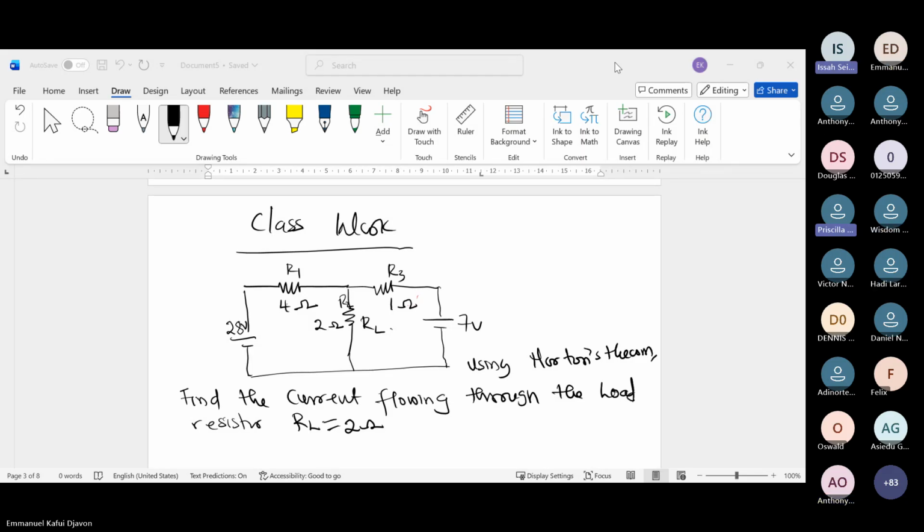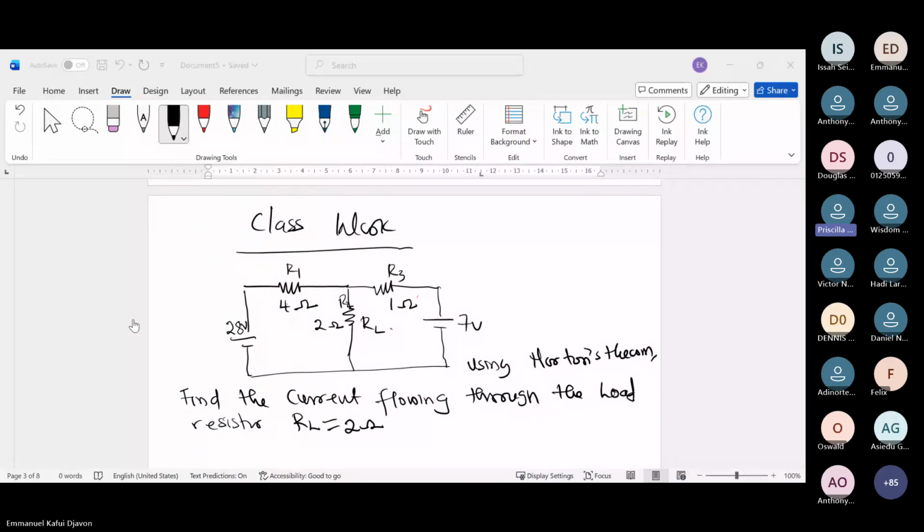Please, how did you get your 14? I'm explaining, listen. You use the current over the resistor. You use the arrow to determine the current flowing through that particular one.